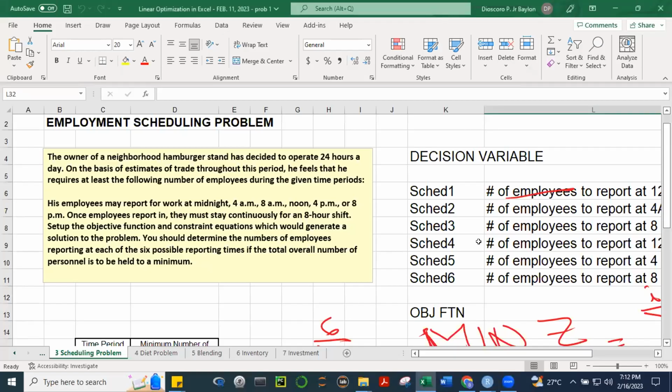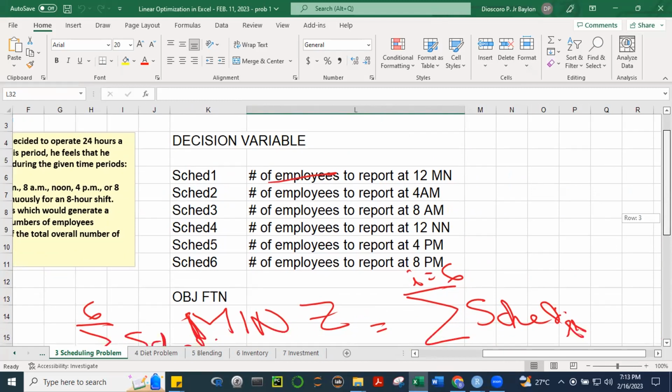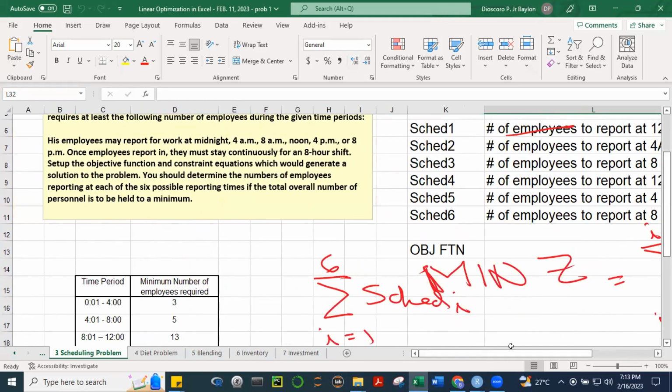All right, so this was what we were working on last time. This is problem number 3 in our workbook. Decision variables are Schedules 1 up to Schedule 6, which is the number of employees to report at 12 midnight up to 8 p.m. And then the objective is simply to minimize the overall number of employees.